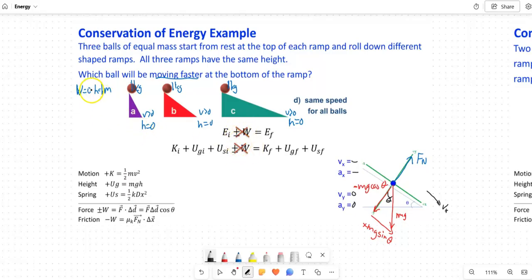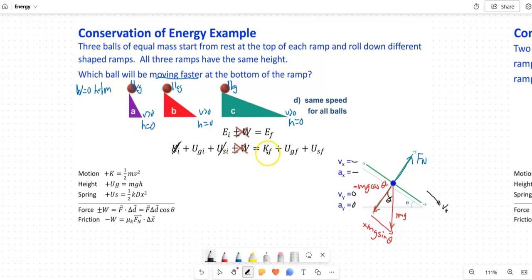Now, starting with the initial energy, take any one of these. Let's do the red one. Is it moving in the beginning? Yes or no? No. Is it at a height off the ground in the beginning? Yes or no? Yes. Is there a spring that is compressed or stretched working on it? No. Okay, let's talk about the final energies.